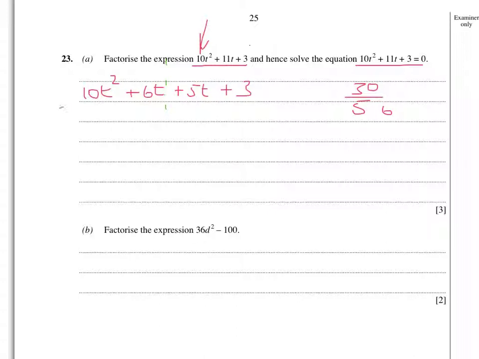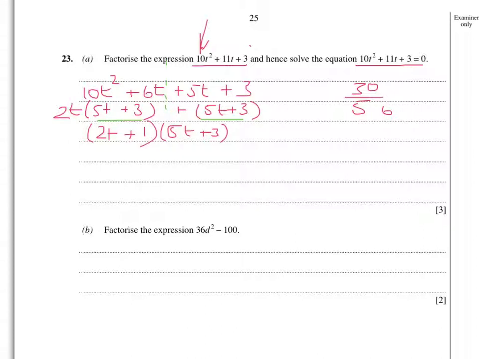So I've got a common factor here of 2 and t, and a common factor here of, oh, there isn't one, so I'm just going to put that in a bracket, because if I'm looking carefully, that is the same as that, which is nice because the 5t plus 3 becomes one of my brackets, and 2t plus, well, that's just a 1 there, that's like my common factor. So that's it factorised.